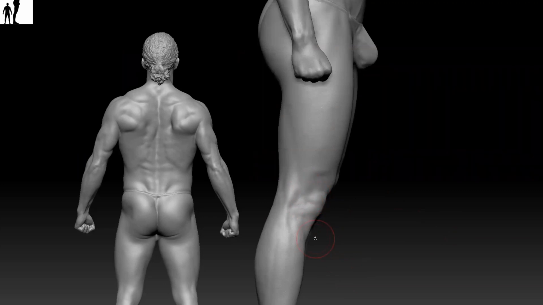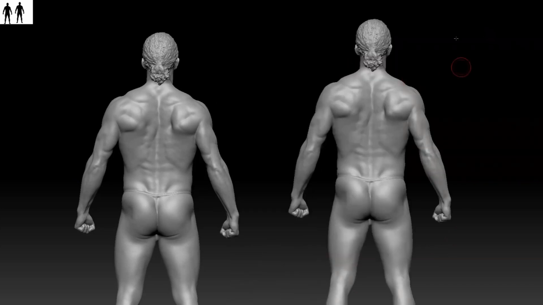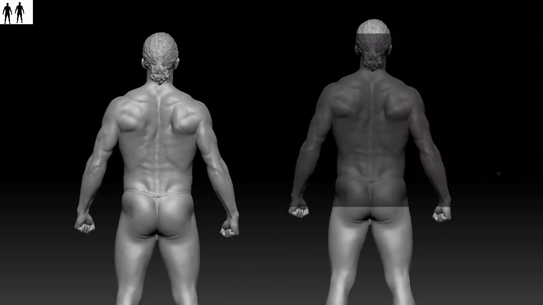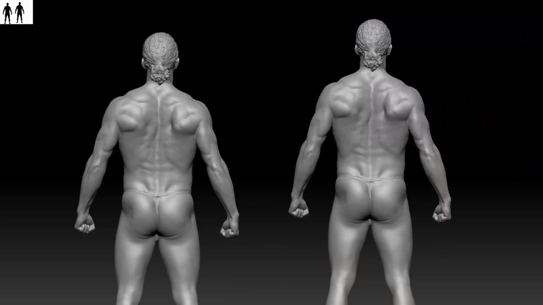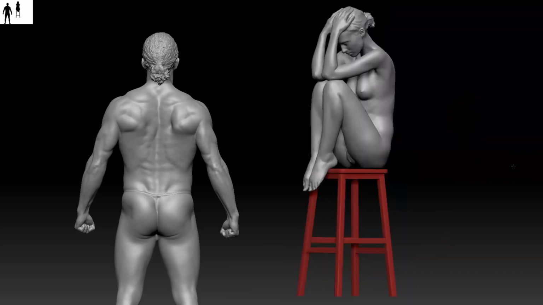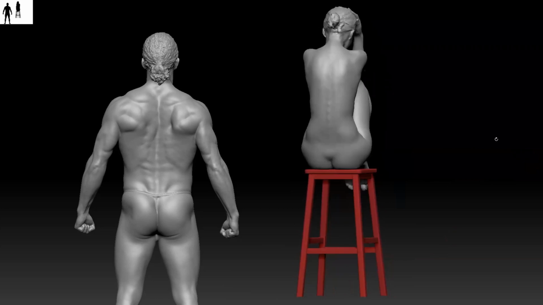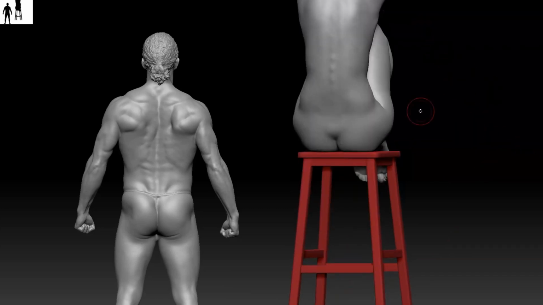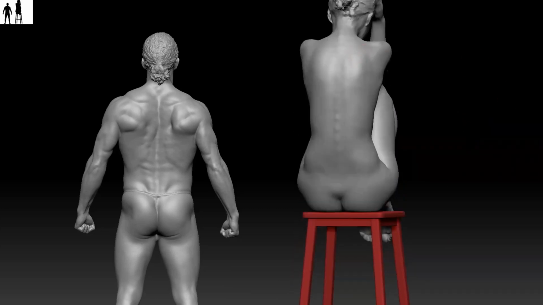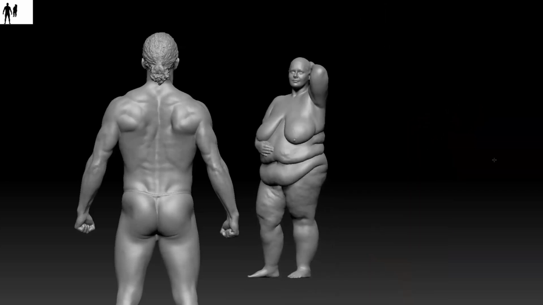We always think about anatomy study as being this guy, right? But this person is just as human, and we need to know how the building blocks are the same, whether it's that guy or this person or this person.